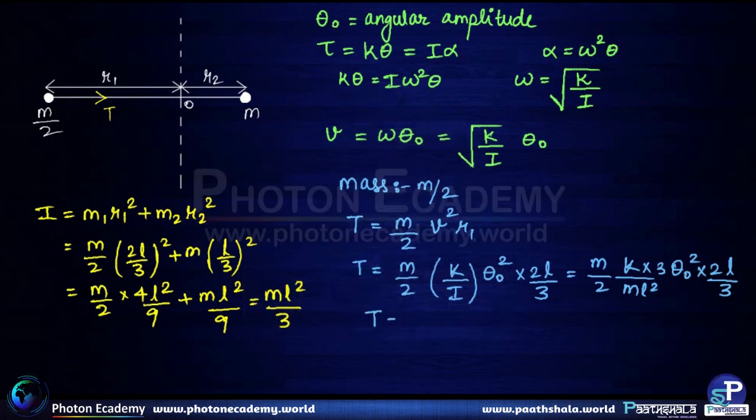So tension comes out to be k theta naught square divided by L. So the answer is option C.